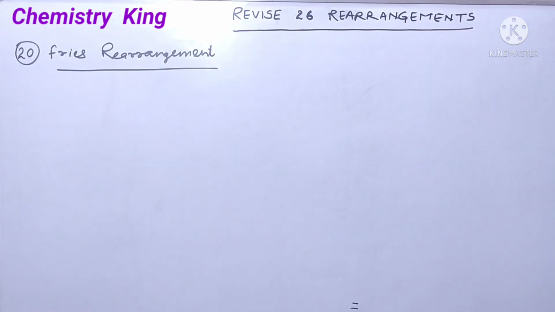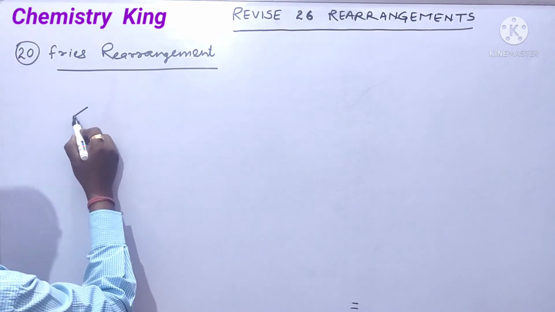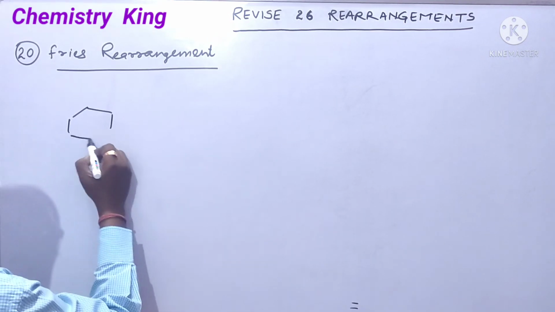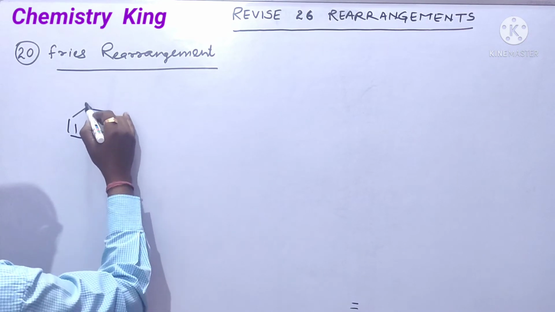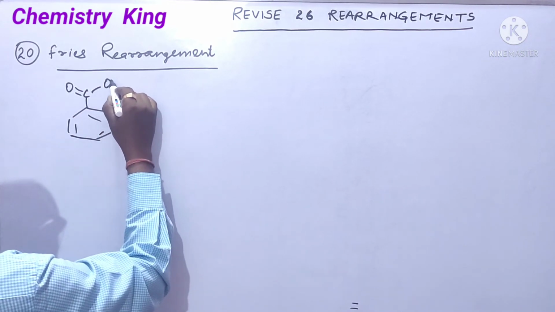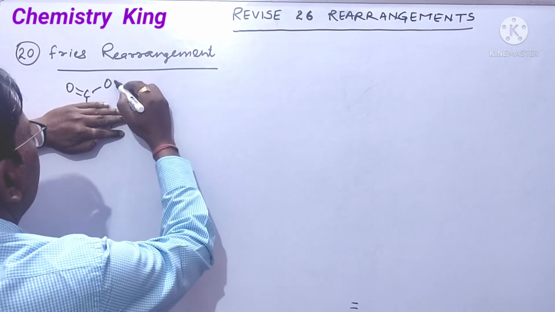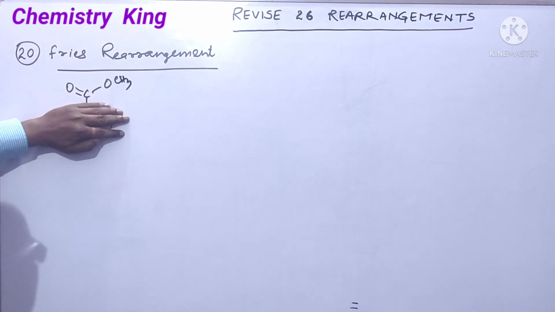Number 20 is Fries rearrangement. When phenyl ester, it is phenyl, C double bond O, OR. Friends, it is carboxylic acid. Suppose right here methyl, it is acetic acid.